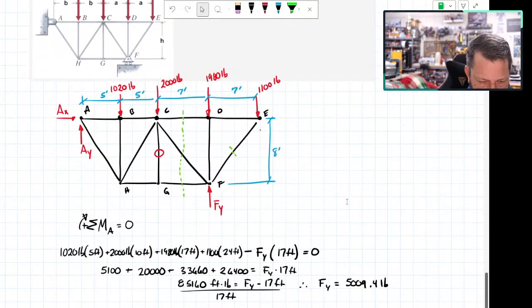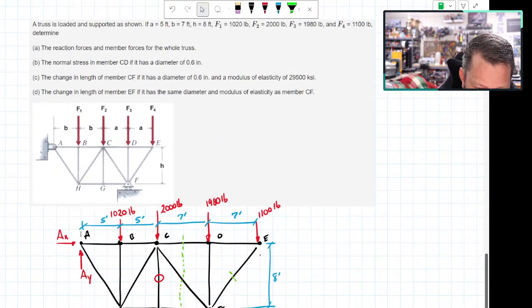Well, let me check here, or if anybody sees what I did that might be wrong, let me know. 1020 times 5. That looks right. 2,000, or let me make sure I got these in the right order. F1, 2, 3, 4: 2,000, 1980, 1100. Those look fine.